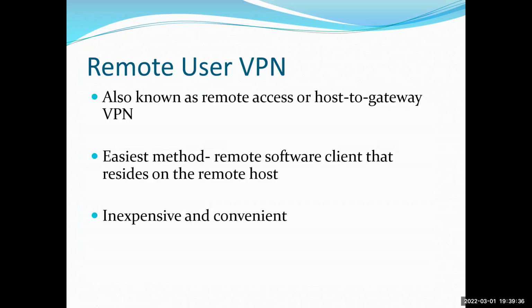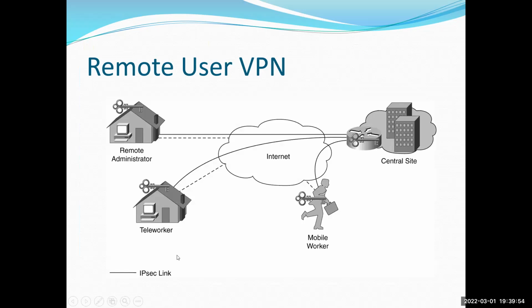Remote user VPN, or the client-to-site VPN, is also known as remote access or host-to-gateway. It's the easiest method, the one you'll do in this class. You need a remote software client that resides on the remote host, and it can be inexpensive and convenient. The classic example is the laptop, the mobile worker.